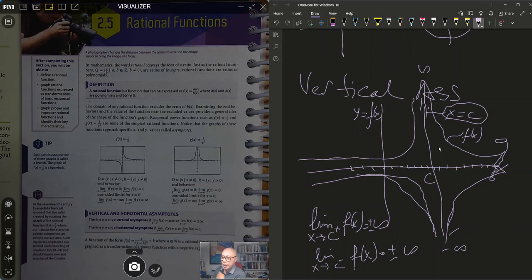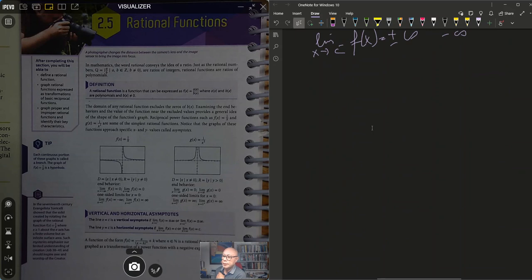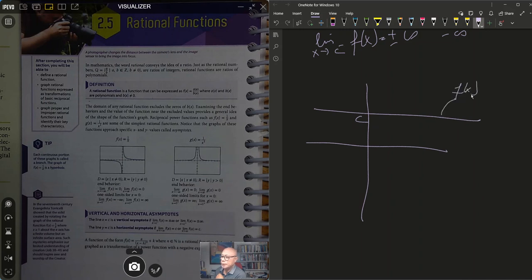Now about the horizontal asymptote. There is a function here, and the horizontal asymptote could be here. For example here c, so this line is f(x) equals c. Wherever x is, f(x) is c.